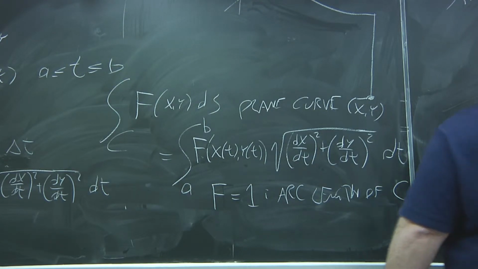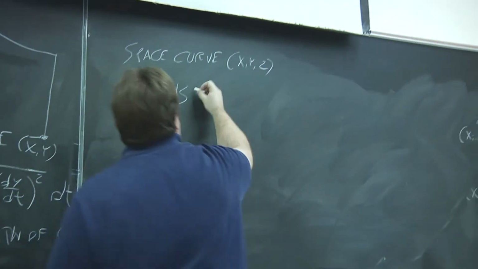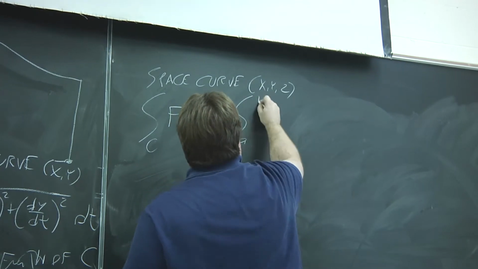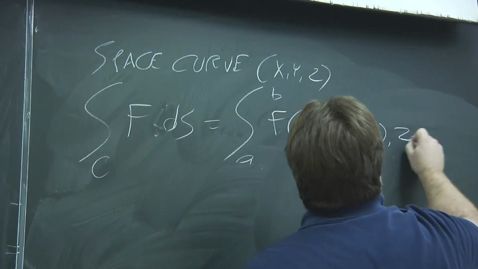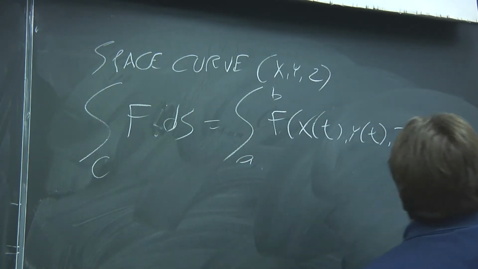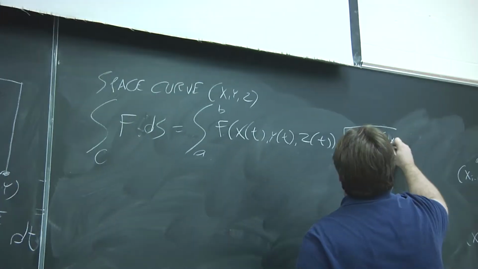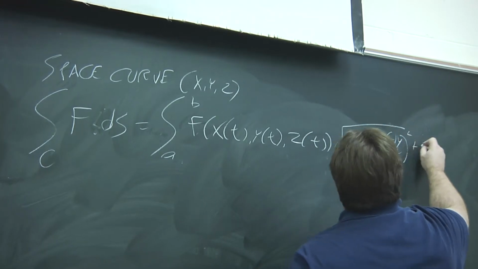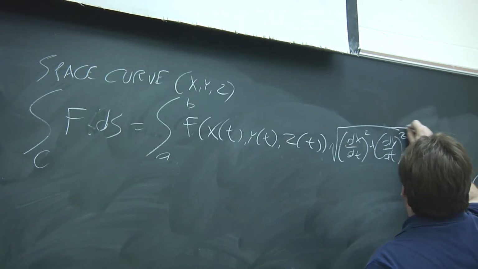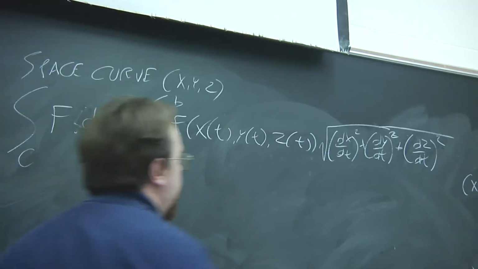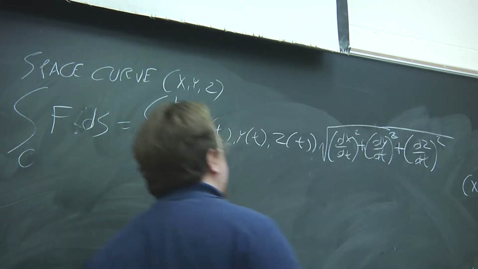X, Y, Z. So the line integral of a function over a space curve, for which you had parametric equations again. So now you just have dx dt, dy dt, and dz dt.